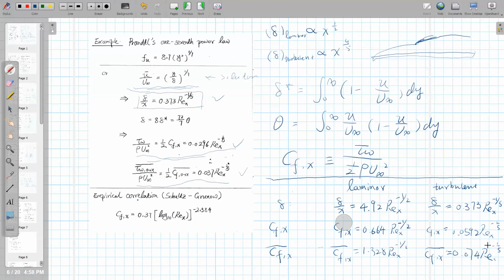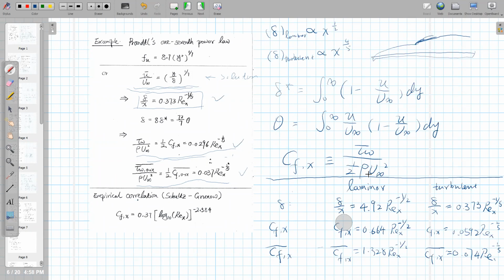Okay, this will be the friction factor for the turbulent one. And after you calculate the friction factor, you multiply it by 1/2 rho u squared, and you can get the tau w.